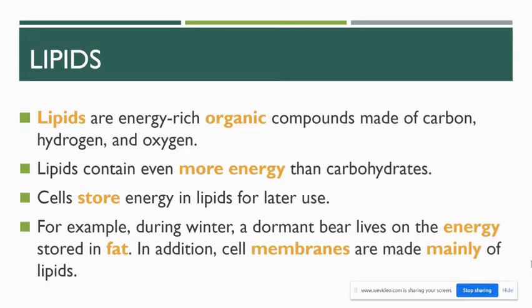The next type of organic compound in living things is lipids. And again, these are another form of energy-rich organic compounds, also made of carbon, hydrogen, and oxygen. So they're similar to carbohydrates in that way, but lipids contain even more energy than carbohydrates.